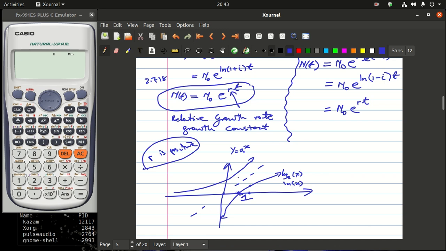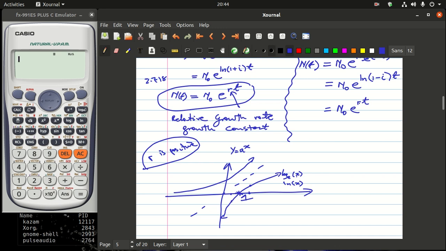So I will get a value that is less than 1, but still bigger than 0, because the interest is always a fraction of 100. So when you're dividing a percentage by 100, you're always going to get a value less than or equal to 1. So we will get a value that is in between here. So whenever I take a value that is somewhere here and plug it in this function, I will get a value that is less than 0.